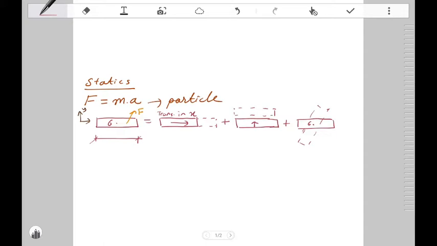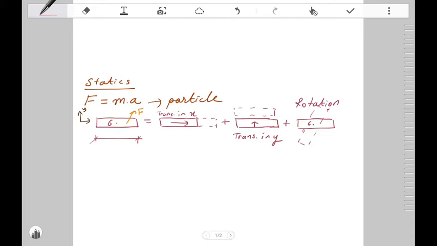The member rotates along the center of gravity, and that's the rotational motion. Basically, with these three components, we can describe any type of motion of a rigid body. This is rotation, and this is translation in y, right?